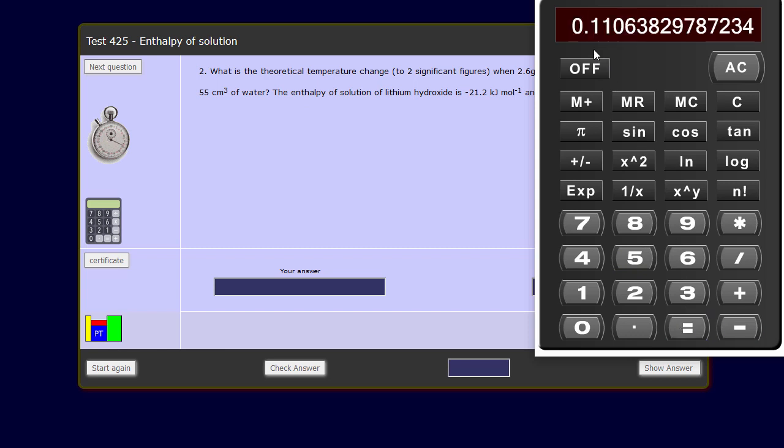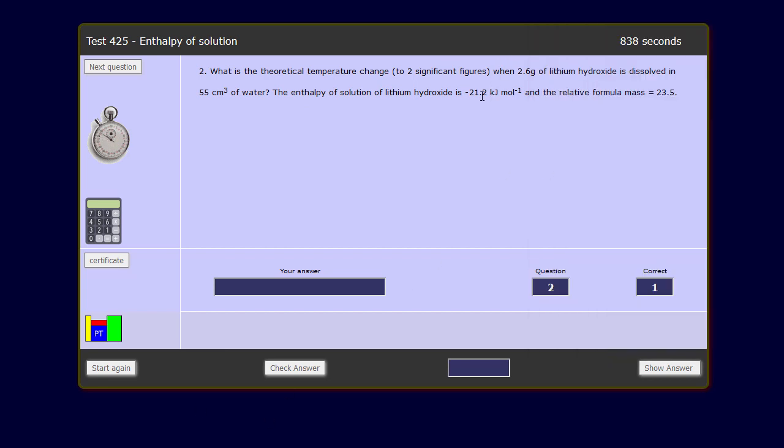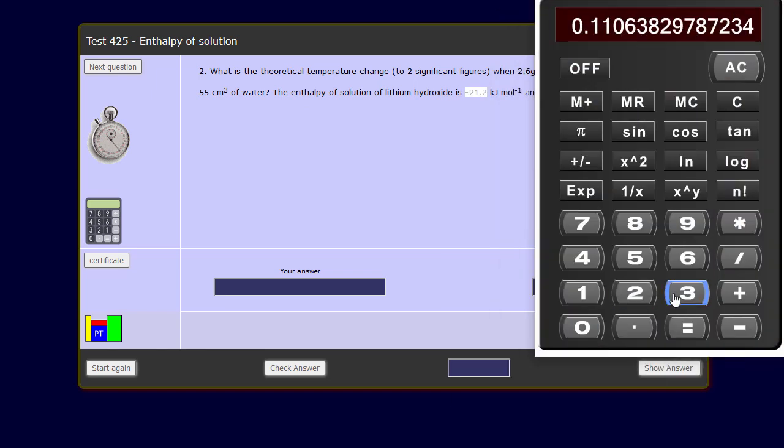The number of moles is 0.11. So now we can find the energy change, because the enthalpy of solution is negative 21.2. So multiply the moles by the energy per mole, 21.2, equals, and that tells us the total energy of this process.